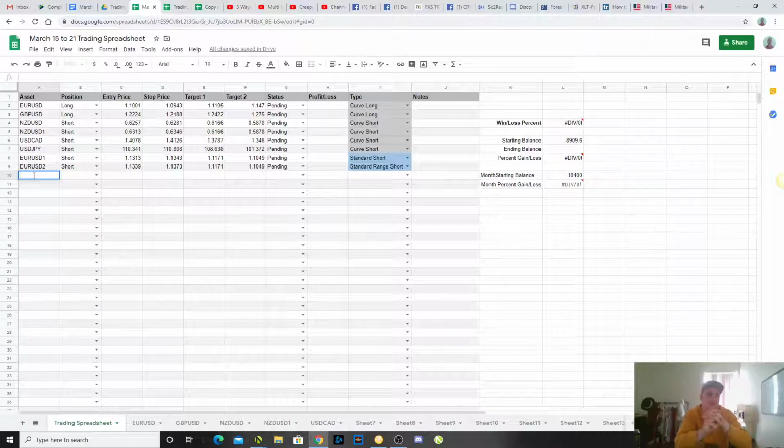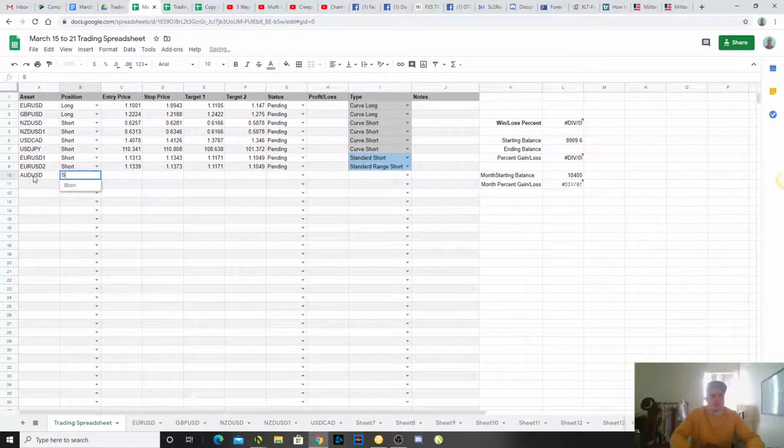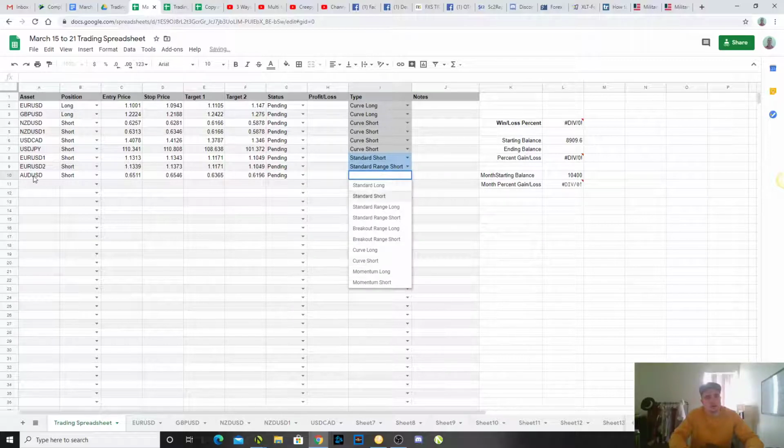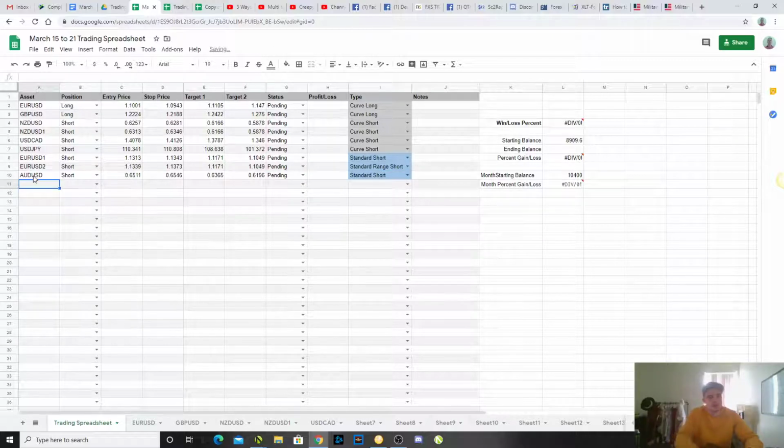If it holds, if it pushes through the level, then we can just take it down to the next level. .6541, .6546, .6365, .6196. Standard short.